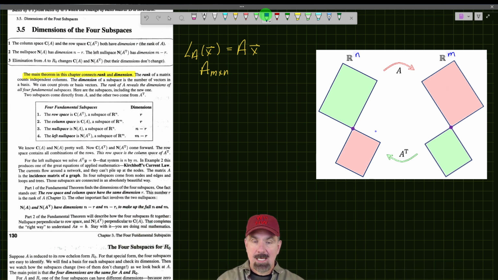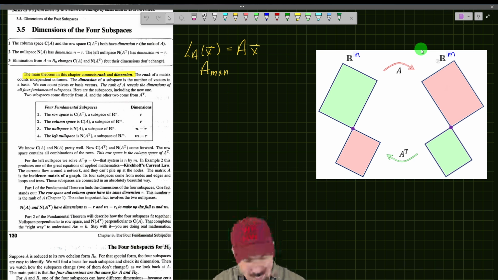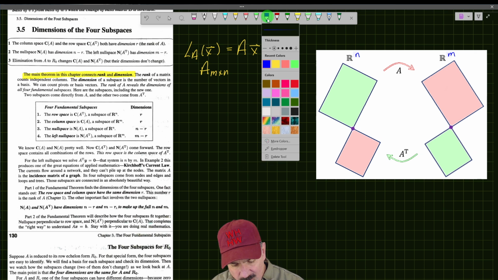Right now, we're just thinking about these two sides, the Rn side and the Rm side, as the input and output sides. And we want to look at the decomposition of those sides. Given any vector x over here, when we multiply by A, we get an Ax vector over here. So we're not so interested in individual items. We're interested in what that means for the system.